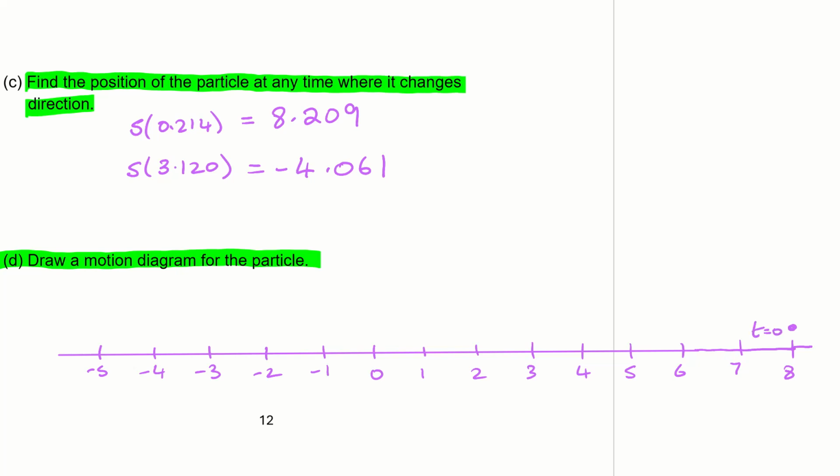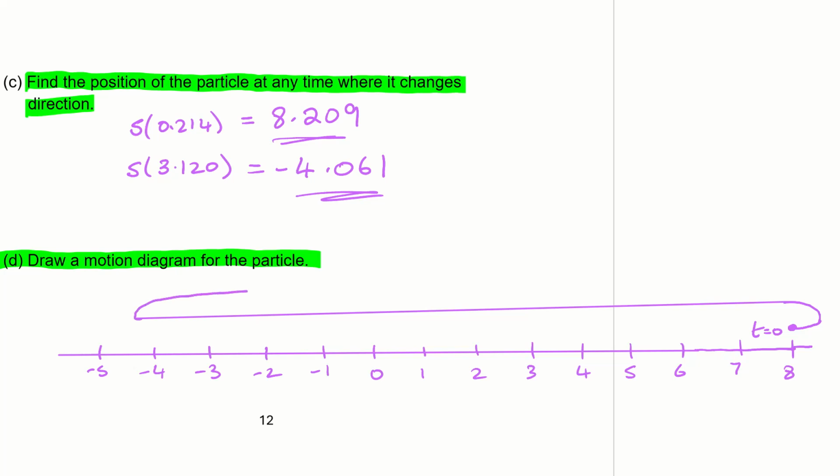Now it only goes up a little bit before it turns around, because it only goes up as far as there. So that is going to then arc around, come all the way back to there, which is this value, and then it will turn and it will go back this way.